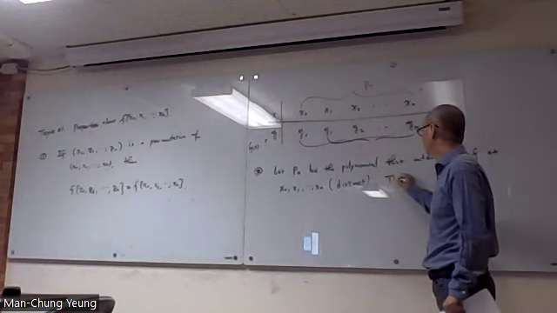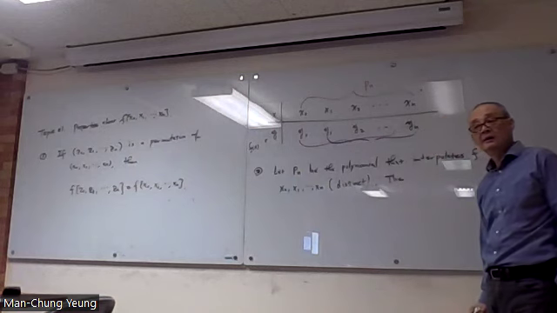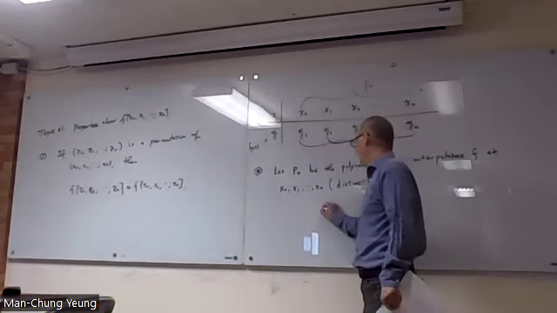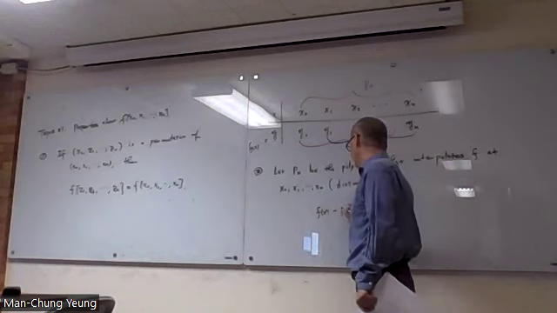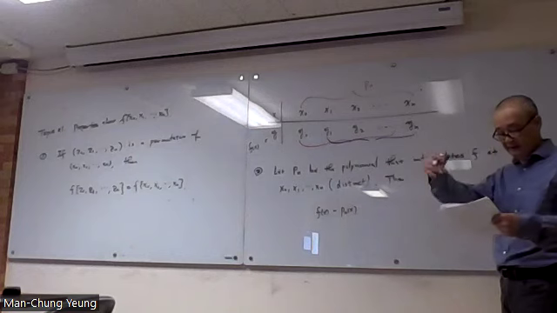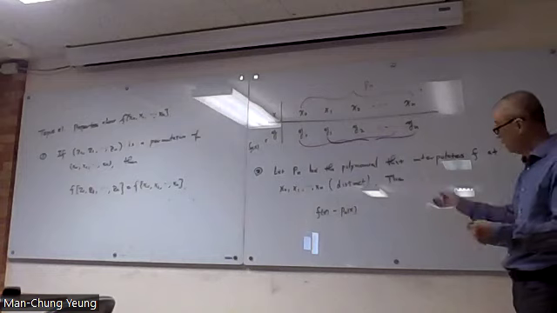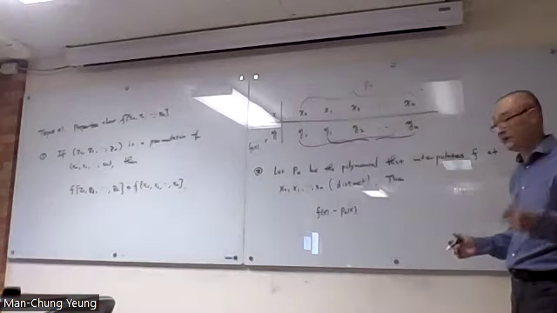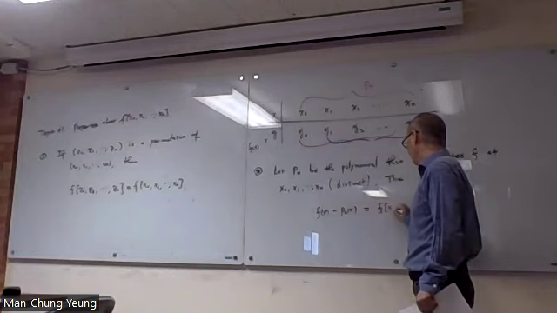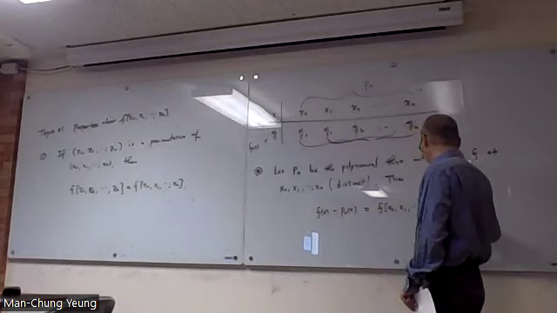Then how close is Pn to the function f? That is, f of x minus Pn of x. We have a formula in some previous section, but using the divided difference it can be written as f[x0, x1, ..., xn, x].